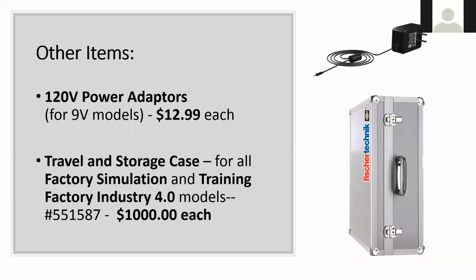Other items that are available, as I've touched upon a couple times, the 120-volt power adapters, which are used for powering the 9-volt models, those are available for $12.99 each. And the travel and storage case, which is used for both of the factory simulation models, the 9-volt or the 24-volt version, as well as both variations of the Training Factory Industry 4.0, again, the 9-volt or the 24-volt version models, those are $1,000 each.